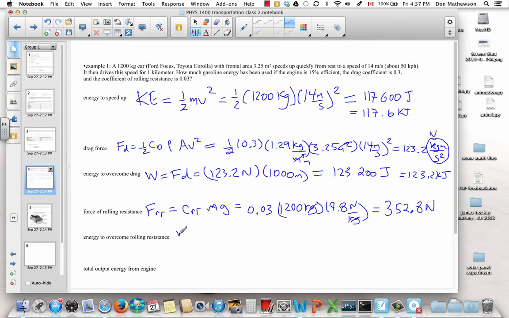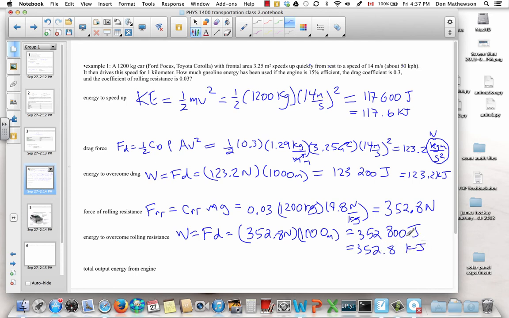And the energy will again be the work, so we're multiplying the force by the distance. 352.8 newtons of force. We're again moving a distance of 1 kilometer. That's 1,000 meters. So that's 352,800 newton meters or joules, and that's 352.8 kilojoules.